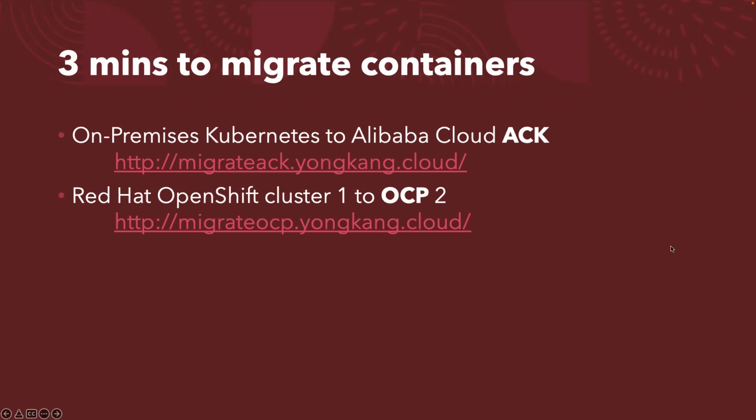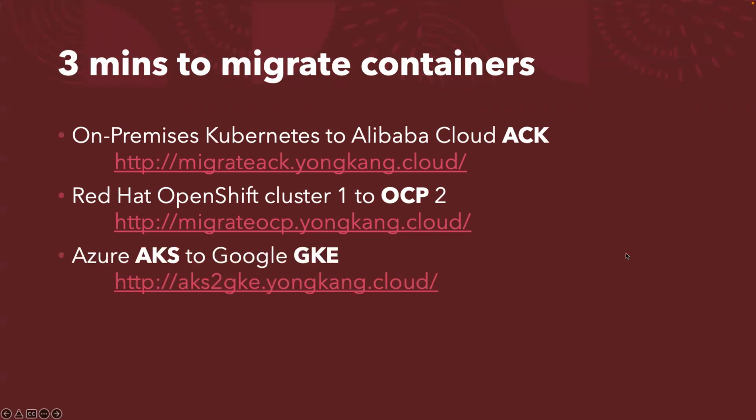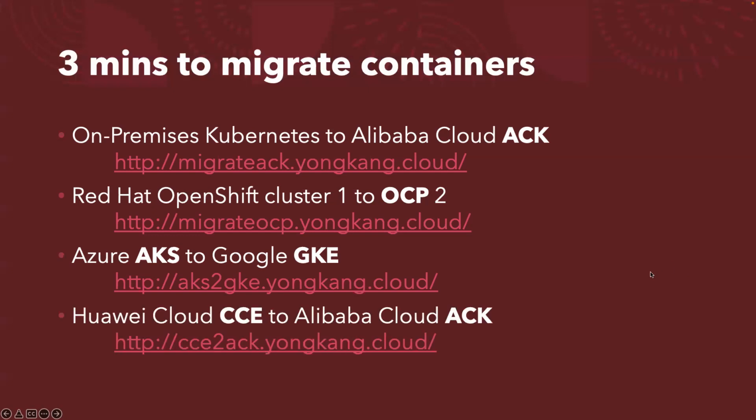And the last one is about how to migrate from Azure Cloud AKS to Google Cloud GKE, a Google Kubernetes Engine cluster. This time, I'm going to show you how to migrate from Huawei Cloud to Alibaba Cloud.